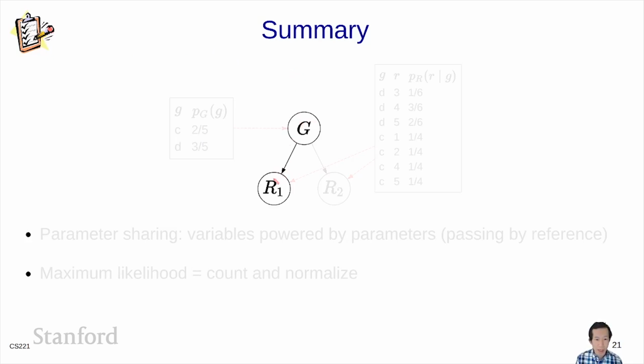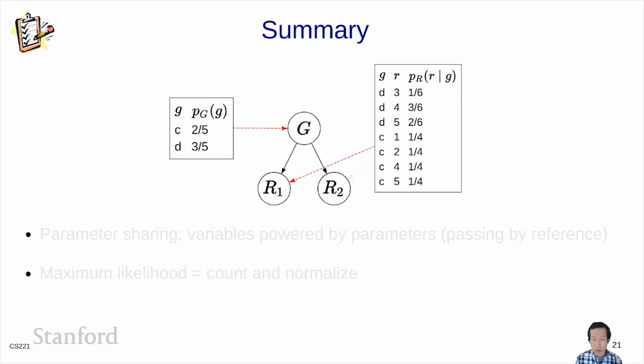We have talked about just a Bayesian network, where inference doesn't care about where these parameters come from, but we should really think about each of these nodes as being powered by a particular local conditional distribution. And sometimes two variables could be powered by the same distribution. And again, inference is reading from the parameters, learning is writing to the parameters, in which case it matters where these arrows come from.